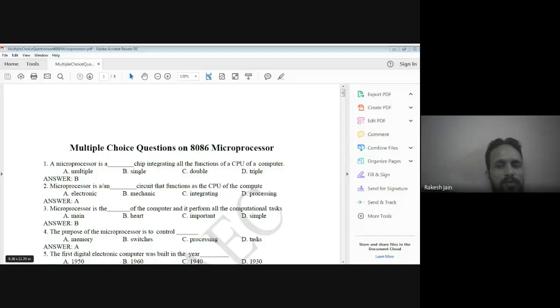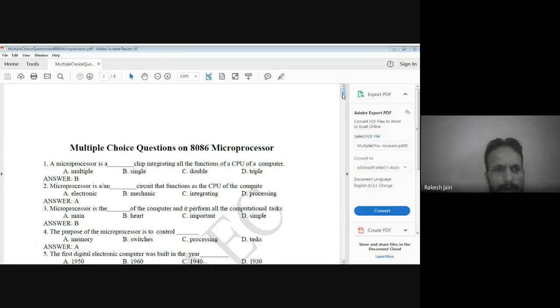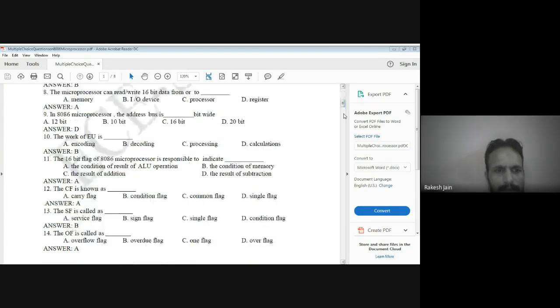Yes, so these are certain objective questions on 8086 microprocessor. How many objective questions can we solve from whatever we studied till now? Now see, the ninth question, in 8086 microprocessor, the address bus is of 20 bits, so the answer is D. Okay.